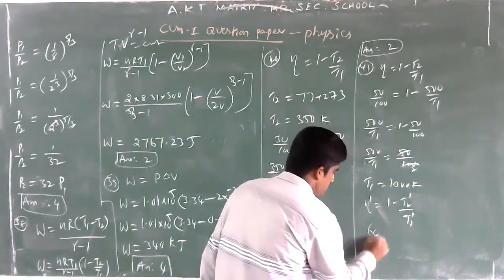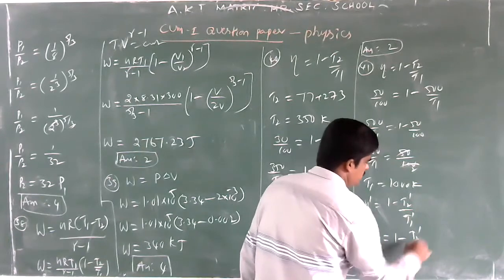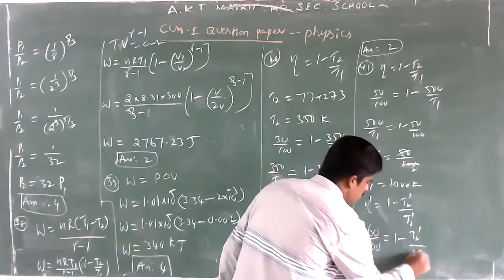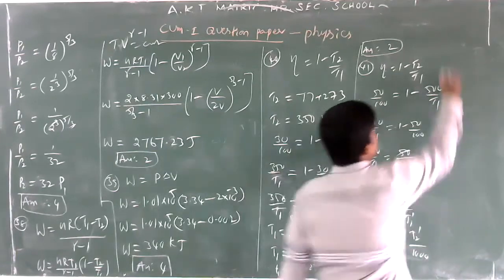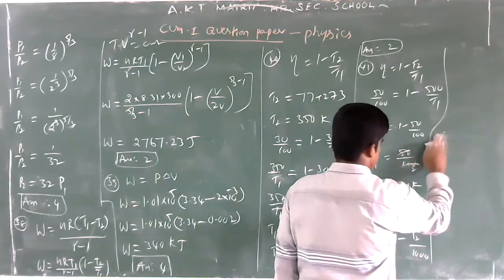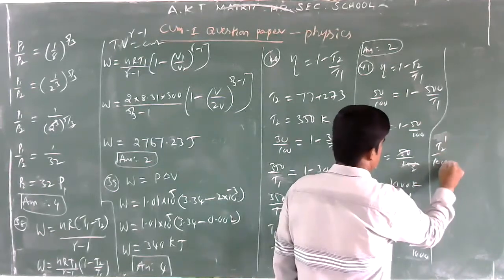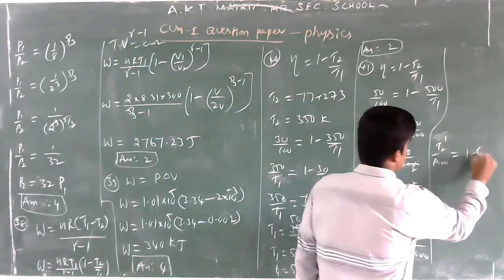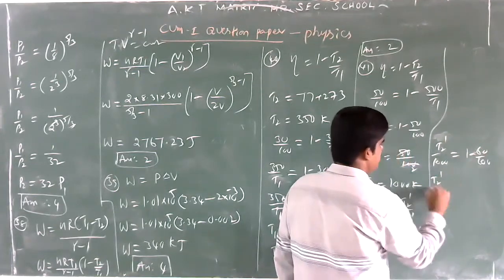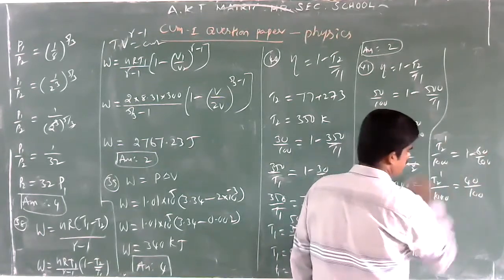Eta dash 60% means 60 by 100, equal to 1 minus T2 dash, unknown, by T1 dash, which remains the same, 1000. Then T2 dash by 1000 is equal to 1 minus 60 by 100, or 100 minus 60, 40 by 100.